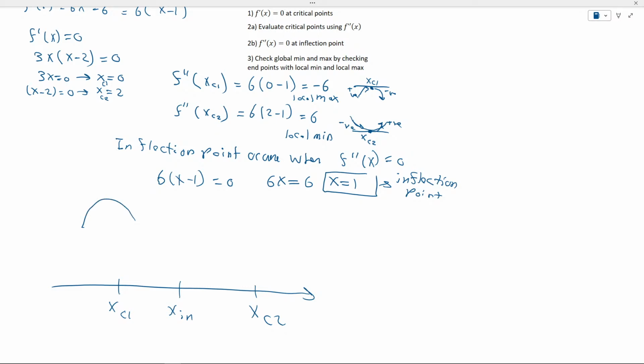Again, I don't know exactly where it will be. Here I know I have an inflection point, and at this point I know I have a minimum, where the slope is 0.